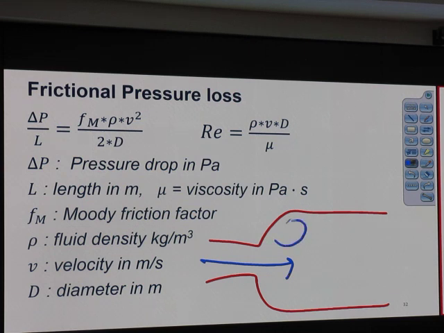So we create some kind of vortex over here, eddies and circulating motion. This causes a pressure drop, all right? So for gradual expansion, we can gain pressure, but for sudden expansion, we lose pressure.